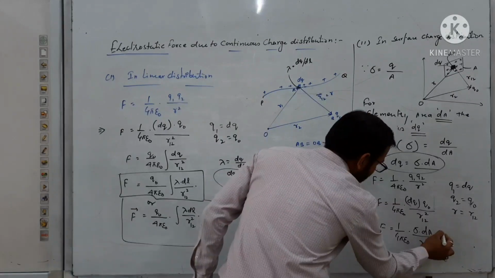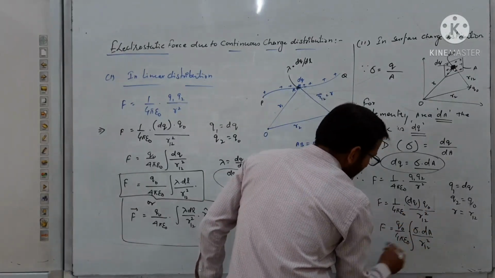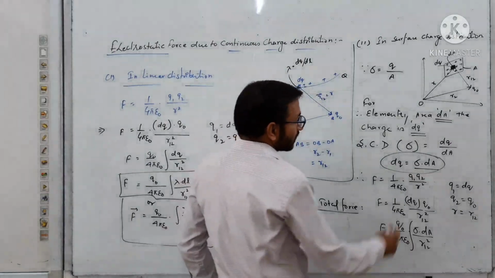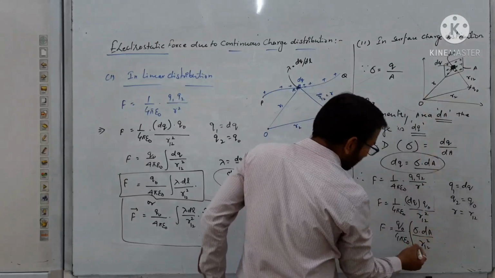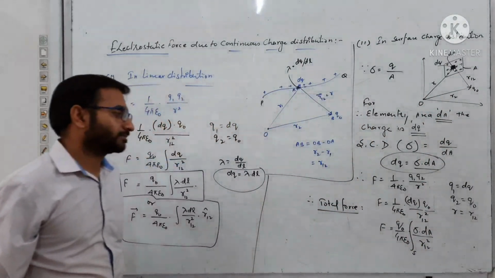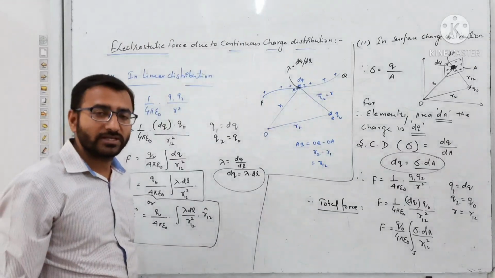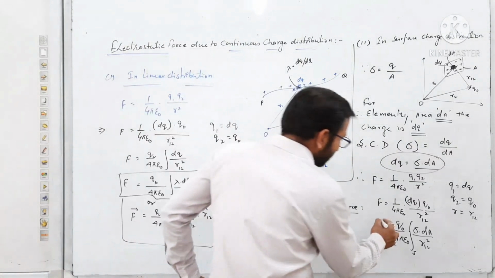We can write here Q naught, this will be constant, and the remaining will come in the integration. The integration is a surface integral, because here we are talking about the surface distribution of charge. Clear? So your formula will be this.